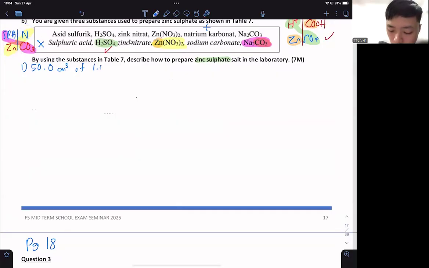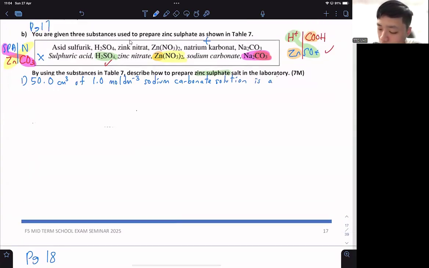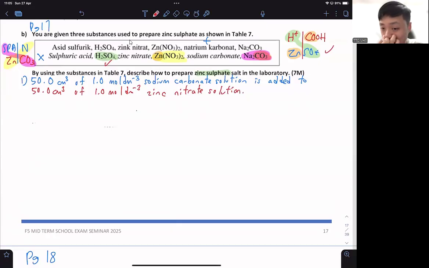So you can say 50 cm cube of 1.0 mole per dm cube sodium carbonate solution is added to another one, 50 cm cube of 1.0 mole per dm cube zinc nitrate solution. Like this, the proper sentence.